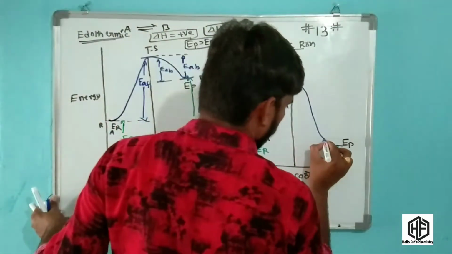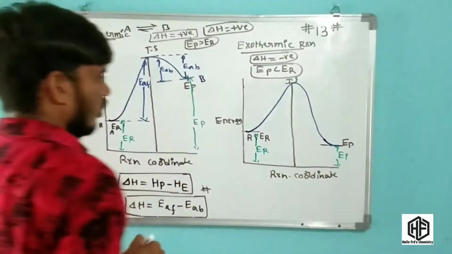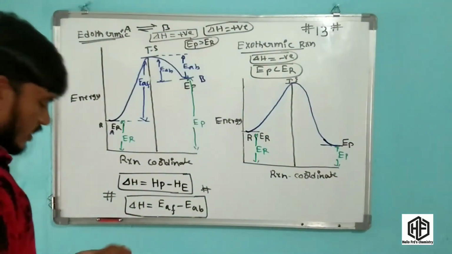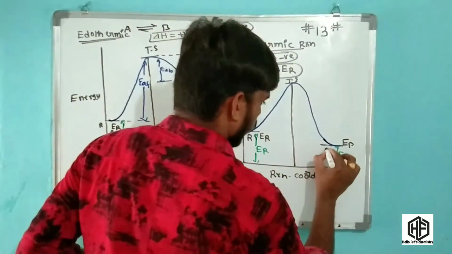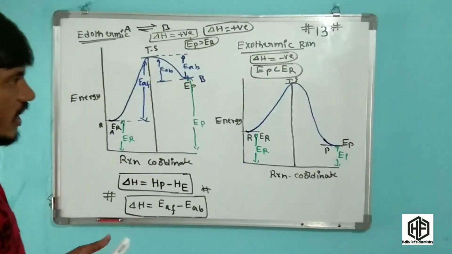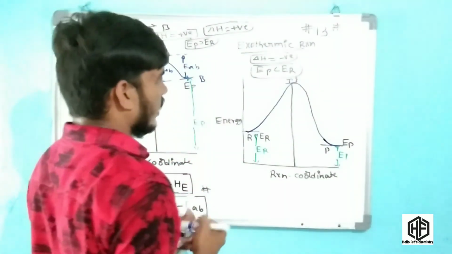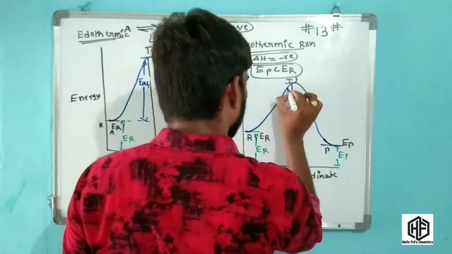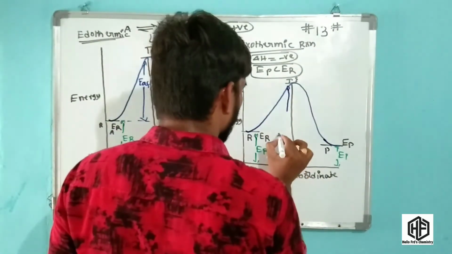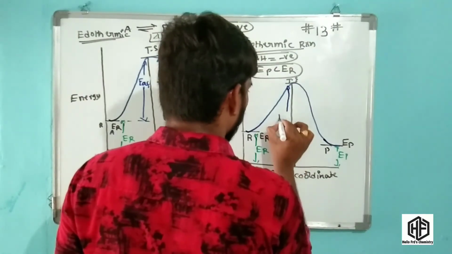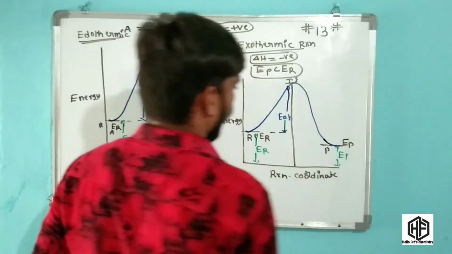This is the graph representation of the exothermic reaction. This is the product. Now some amount of energy is required for this reactant, and that energy is called the activation energy. The activation energy of the exothermic reaction in a reversible reaction is like this. This is called EAF in the forward direction.